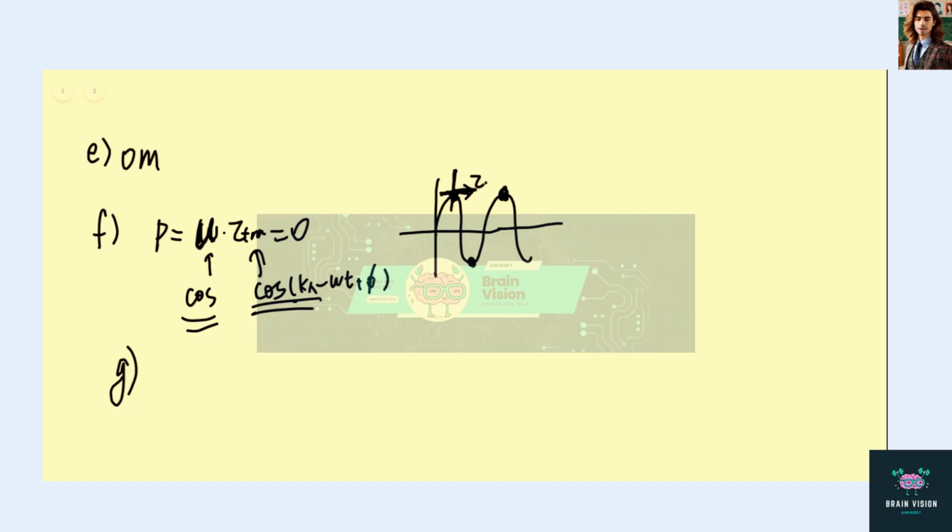Finally, part G. For part G, we ask, what is the transverse displacement y when these minimum values happen? Well, when cosine equals 0, sine(kx minus omega t plus phi) will be equal to a maximum.